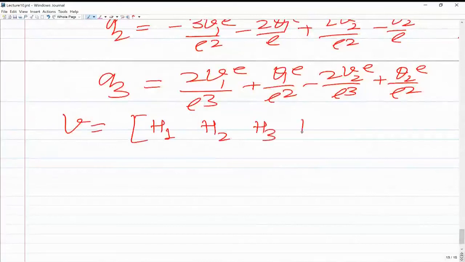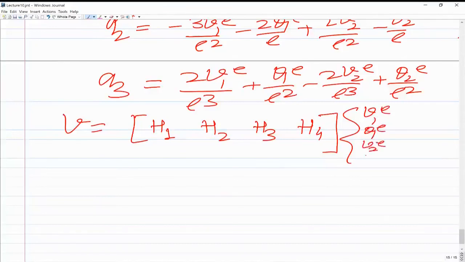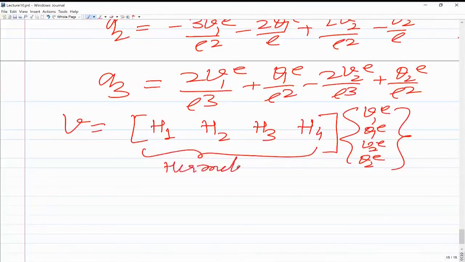You will have four shape functions because there are four elemental degrees of freedom, multiplying v1e, theta 1e, v2e, and theta 2e. These h1, h2, h3, h4 are Hermite interpolation or shape functions.